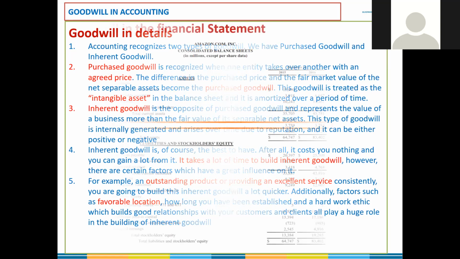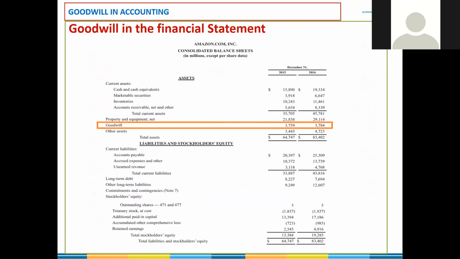Okay. So, for example, we are looking at the financial statement, how goodwill is captured in the financial statement. So this is the asset side of the business, the balance sheet, and then you will see the highlighted figure in orange. That is goodwill.